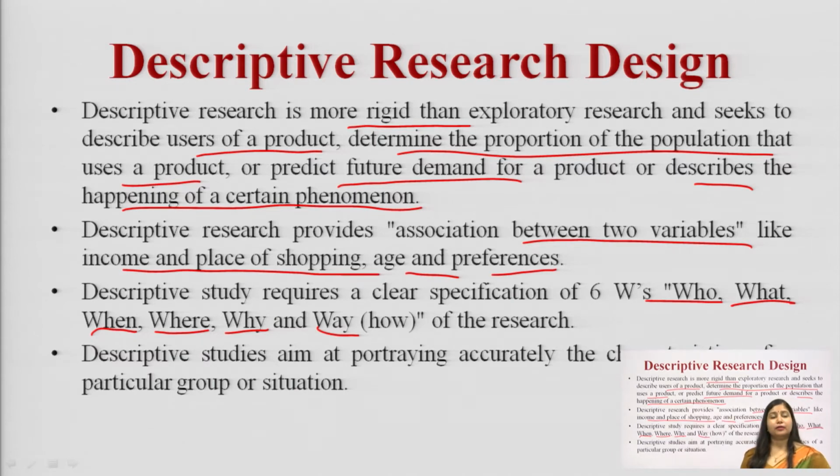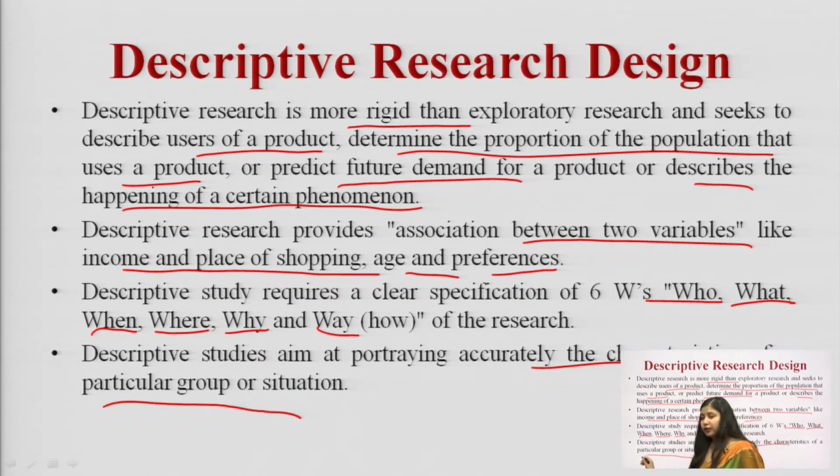So, by descriptive research design you will be able to answer all these research questions, and descriptive research aims at portraying accurately the characteristics of a particular group or situation. You can calculate the characteristics of your particular group and its situation.